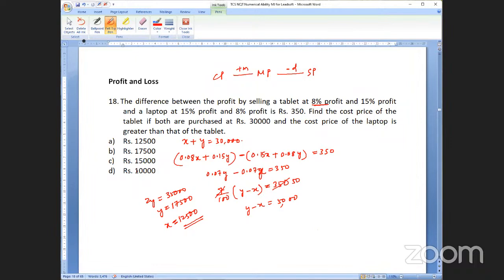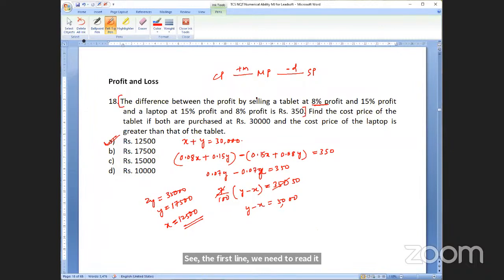Clear? Find the cost price of tablet. Cost price of tablet is 12,500. That is in option A. And obviously, laptop price is greater than the tablet. Laptop price is 17,500. See, the first line, we need to read it carefully.